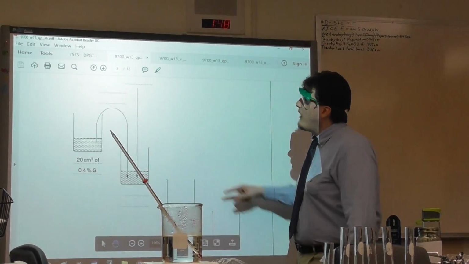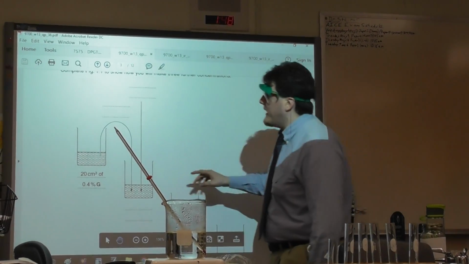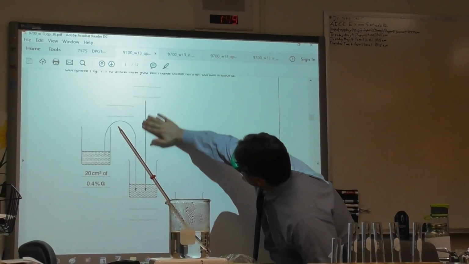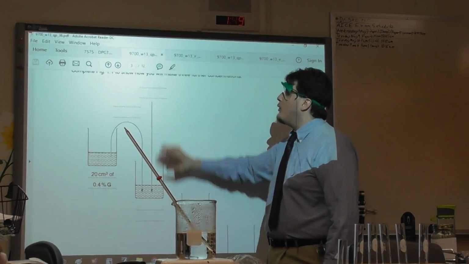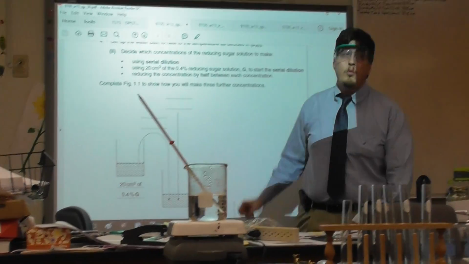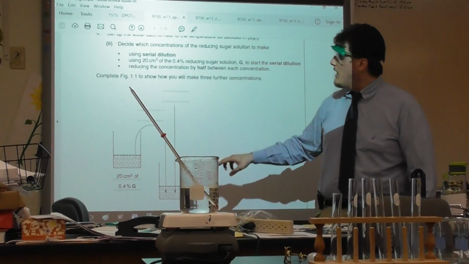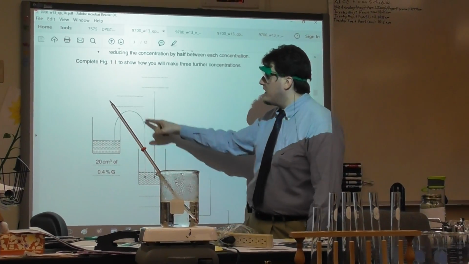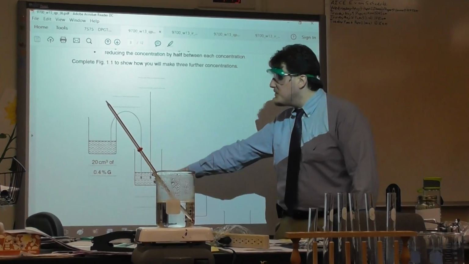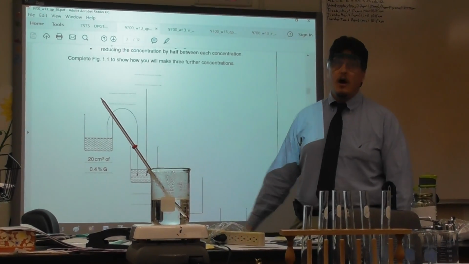All right. Now, using this diagram, I have these arrows here. This arrow is devoted to water. Because I am diluting by half each time, I need to add distilled water W. I am taking out 10 cubic centimeters. I'm taking out half and putting in the same half of water.